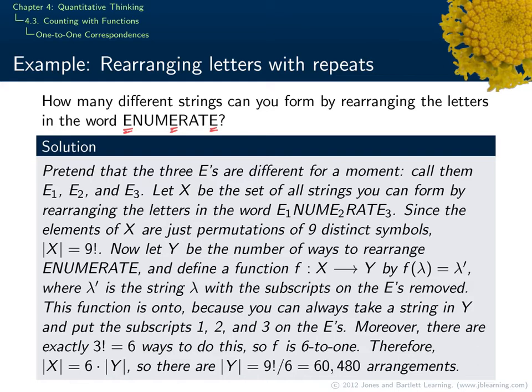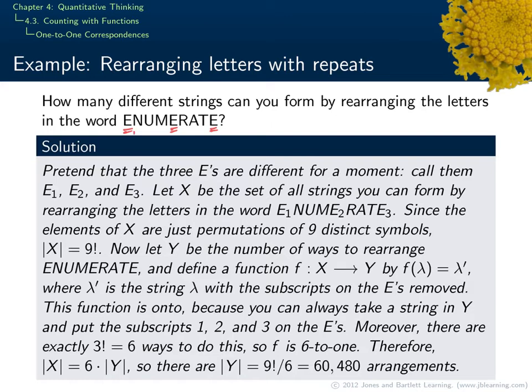So let's pretend for a moment that we're in a situation like we were with the word gourmand. That is, we're going to take these 3 E's and pretend that they're different for a moment. We're going to call them E1, E2, and E3.